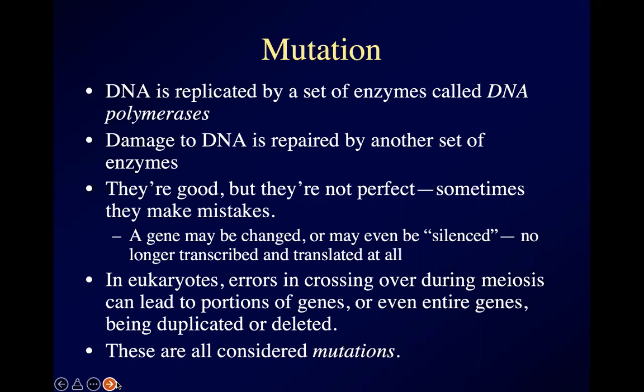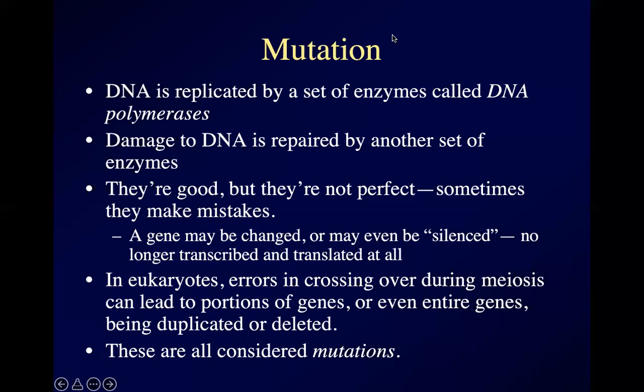I think earlier I told you it was basically done by little fairies. It's not really done by little fairies, but it is done by specialized enzymes that can basically weld nucleotides into place. There's other enzymes that act on DNA and repair damage to it. DNA is actually a relatively fragile molecule, and there's lots of things that can break one of the strands, or chemically alter one of the bases or something like that.